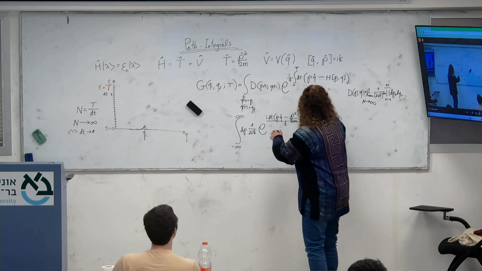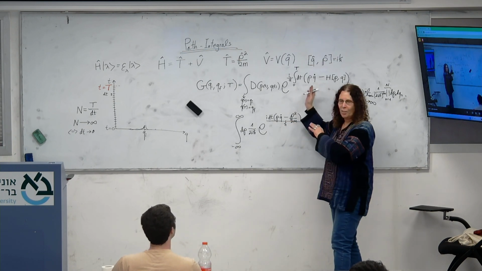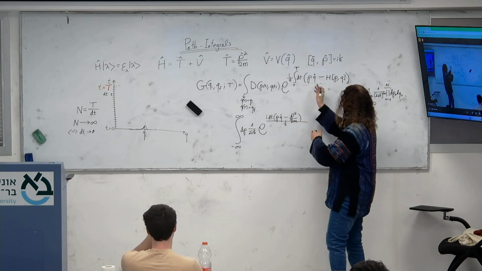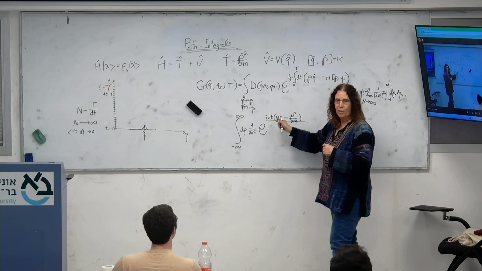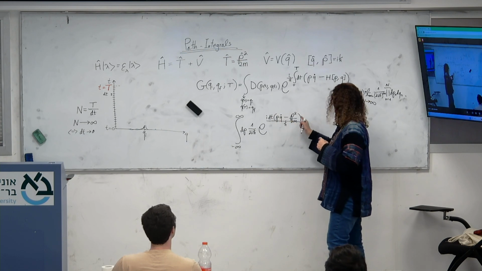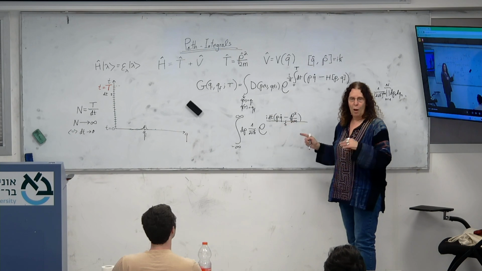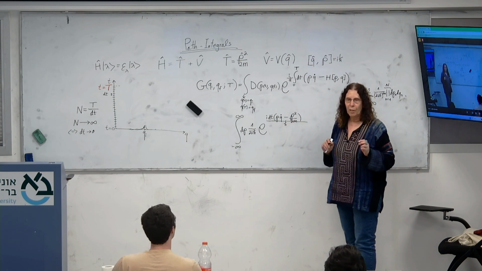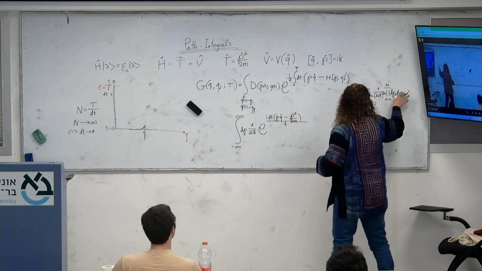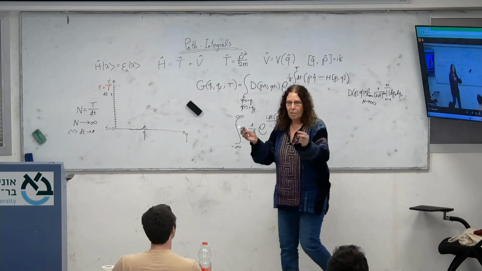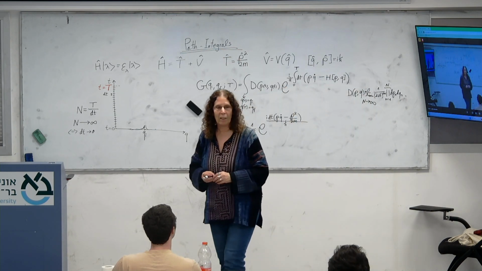So here, actually, I went back to the discrete description. I just took one time step, and I integrate only over p. I leave the q outside. The q is still left. I still will have to integrate it in the end.